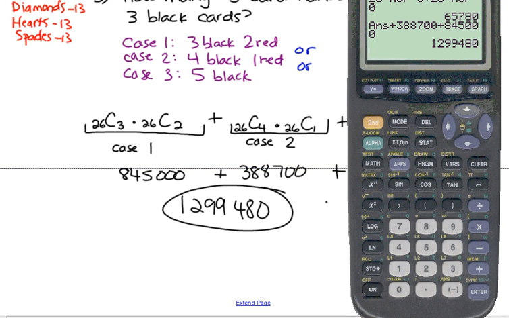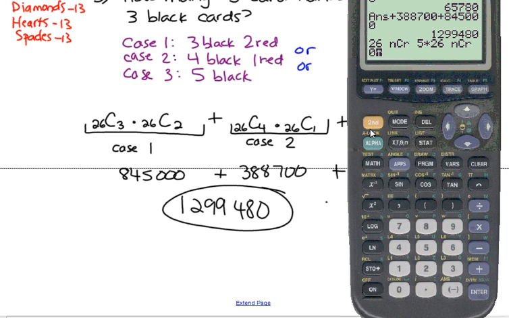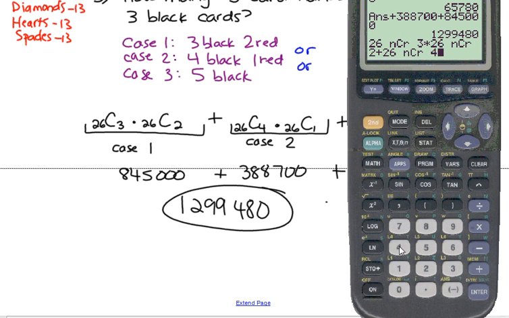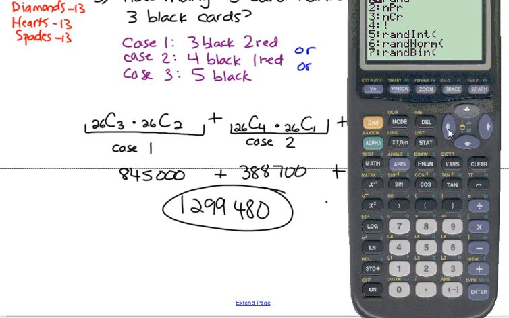Your calculator knows BEDMAS, so if you did type this in all at once, you get the same answer. You're just more likely to make a mistake because it's a lot of typing. So, and then plus 26 choose 4 times 26 choose 1. See, I'm already making mistakes.